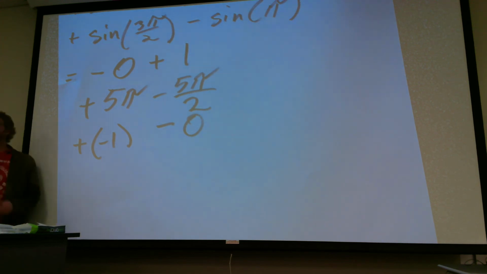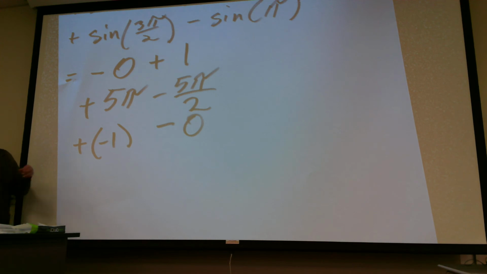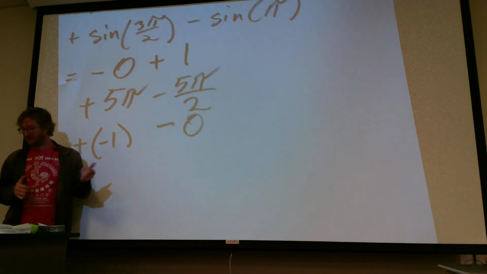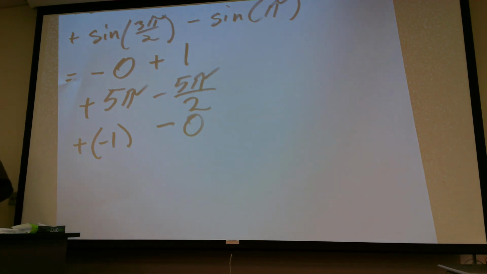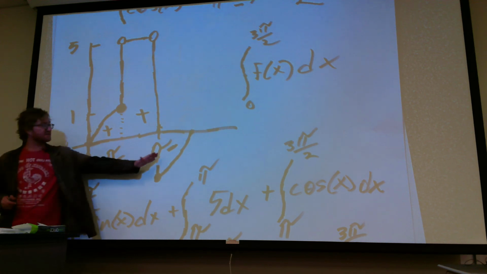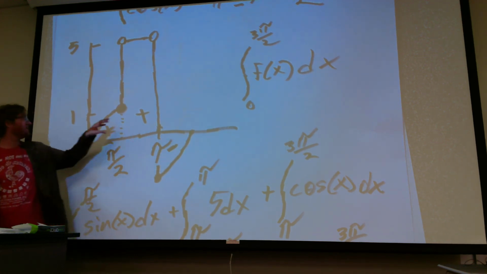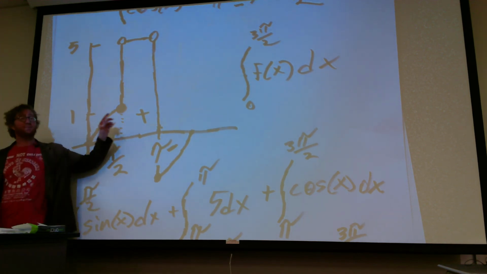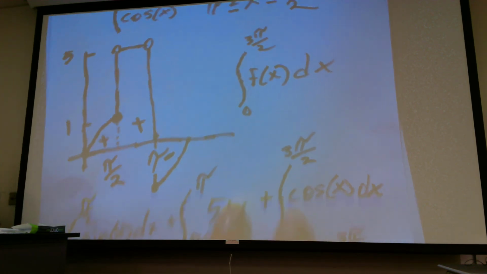I was talking just a second ago about how the areas will end up canceling each other out. What is this negative 1 minus 0? That's the area that is going to be below the axis. So this guy right here is going to have negative 1, this guy right here is going to have positive 1, and this guy right here is going to be 5 pi minus 5 pi over 2.